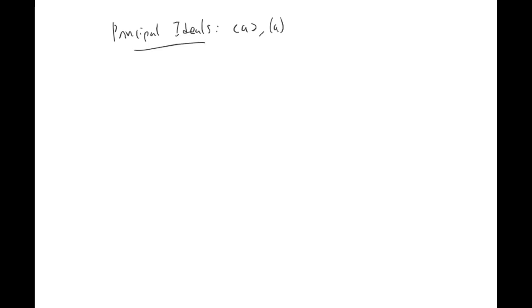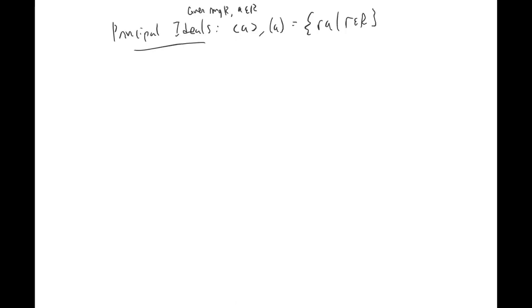So I'll just write a comma, it depends on the book. But this is the set of ra such that r is in R. So from here, this is given a ring R, and a is in R. This is the principal ideal.